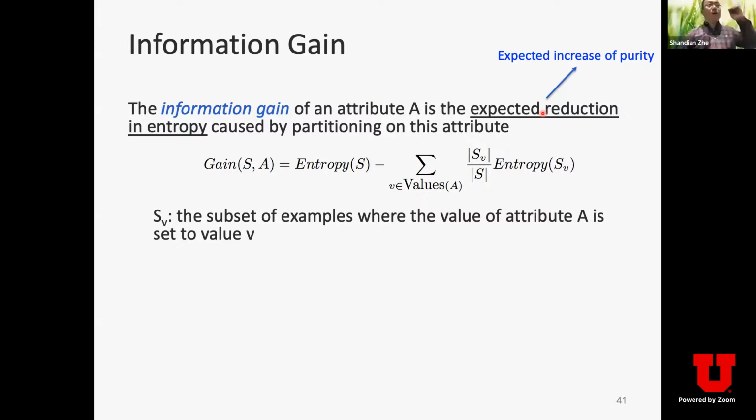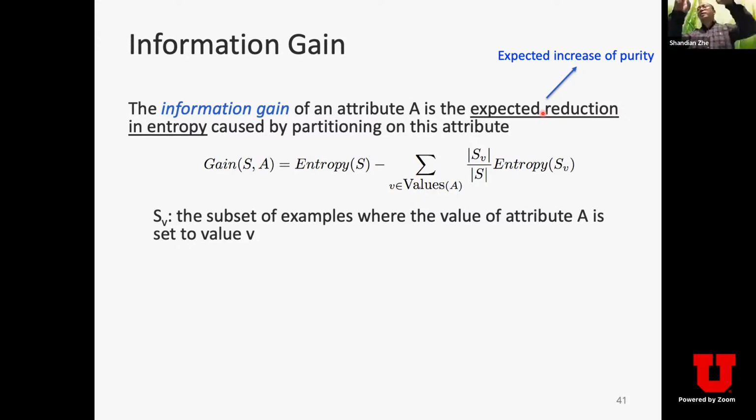Let me emphasize this again. High uncertainty, measured by high entropy, corresponds to low purity. And low uncertainty, a small entropy, corresponds to high purity. So if you want to improve the purity, we actually measure the reduction of the entropy, right?